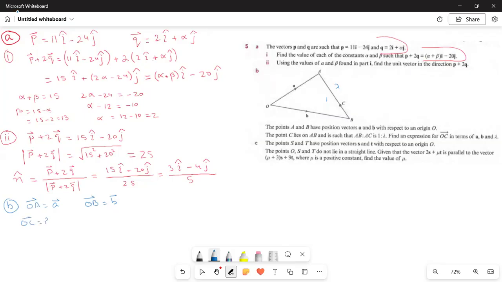You can see that OC can be written as OA plus AC, right? Now, OA is the A vector and AC is lambda part of AB. Does it make sense?